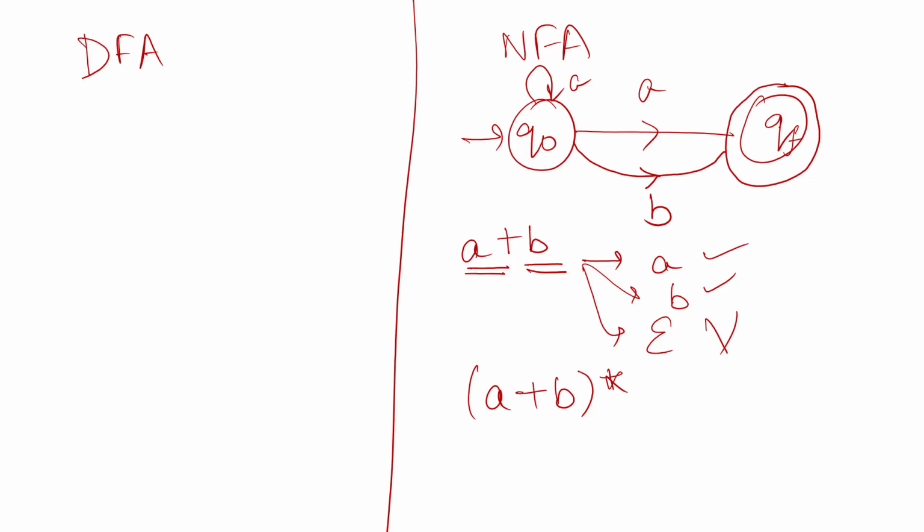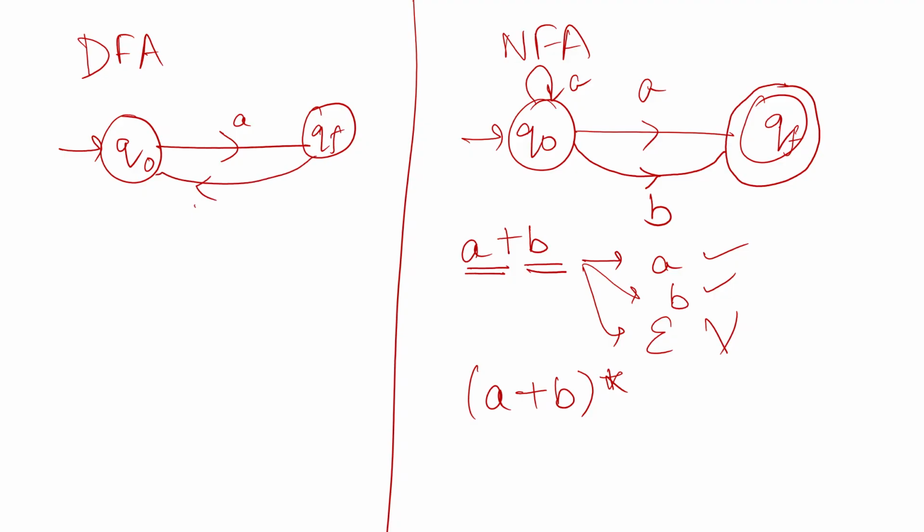Now in case of a DFA, you should have only one representation of a symbol going from one state to other. Suppose this A goes from Q0 to QF and B comes back on Q0. So you have one representation of A here, one representation of B on Q0. So AB covered here. In QF, we have a representation of B going this side, but we don't have a representation of A. Now this will be a DFA.